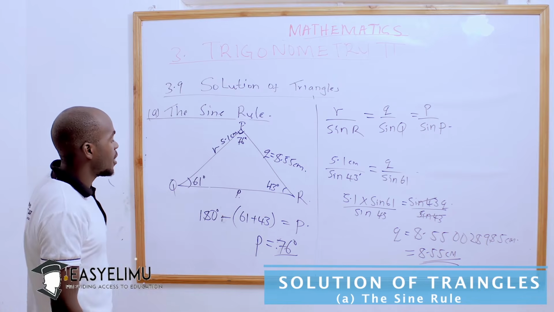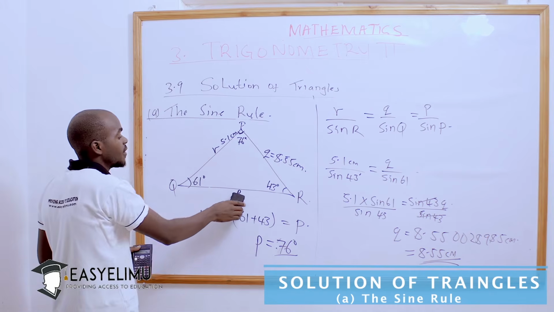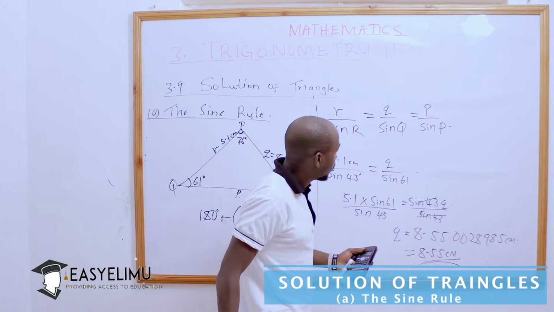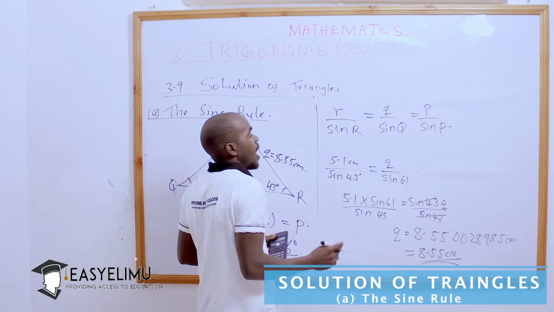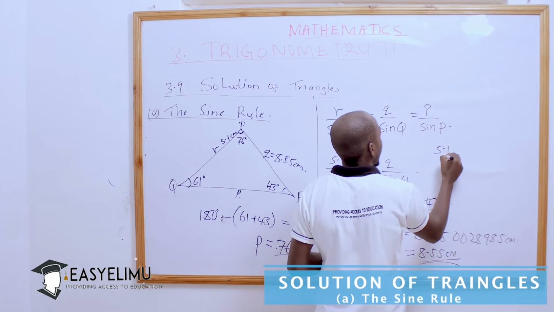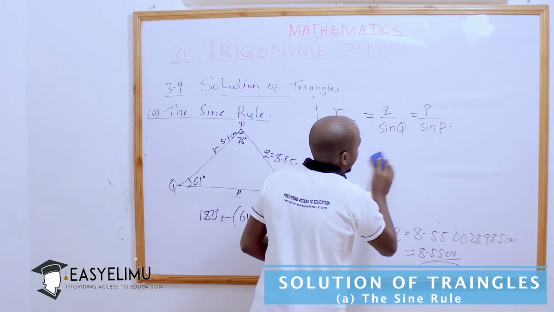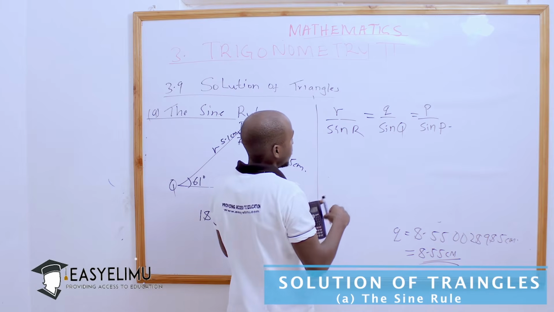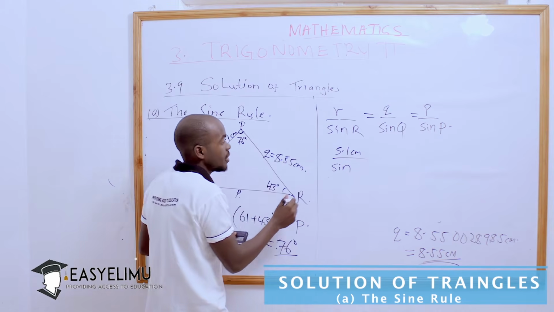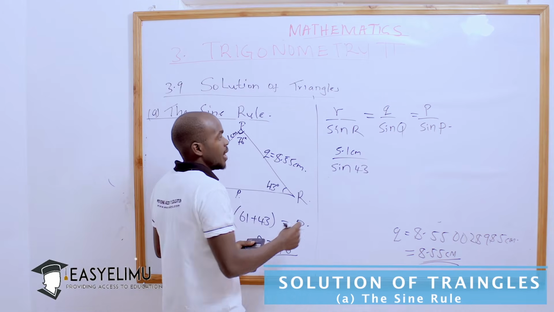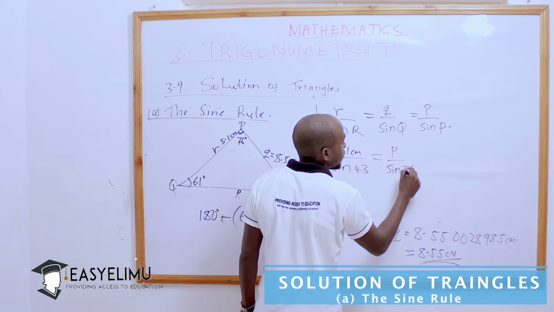Now we have found the angle, so we can use the same procedure to find the value of p. We may take r and say that r is 5.1 centimeters and sine R is sine 43, and this should be equal to p, which we don't know, over sine P, and P we got is 76.